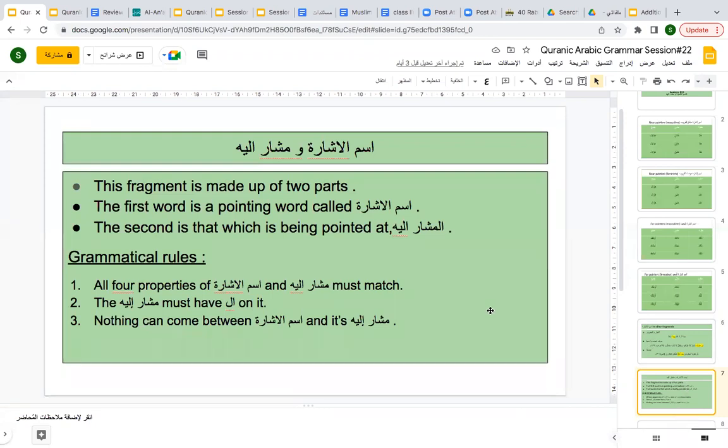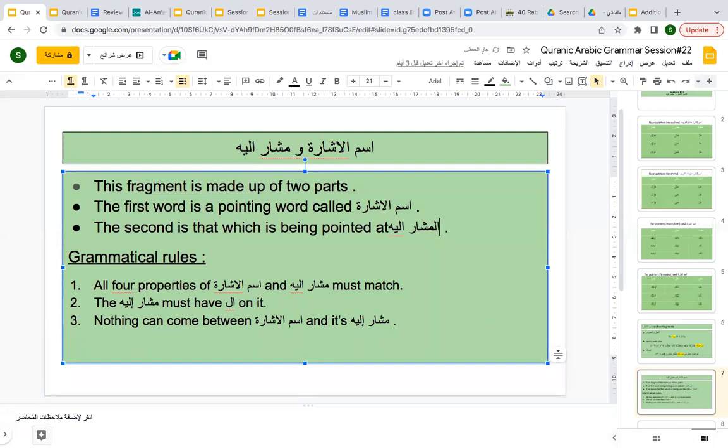This fragment is made up of two parts. The first part is the pointing word itself, which is called ismul ishara. The second part, which is being pointed at, is mushar ilayhi. For example, let me show you.